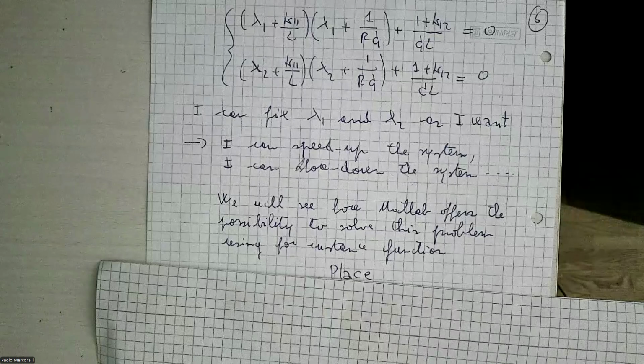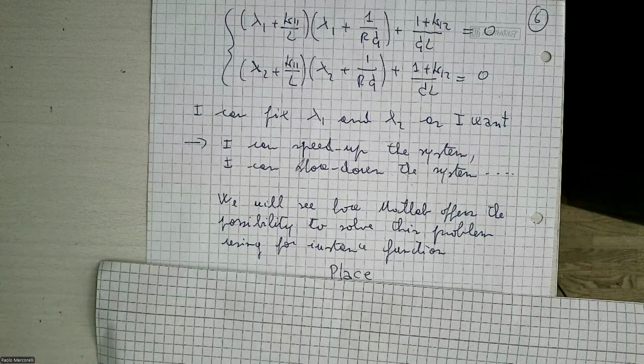Now, a couple of considerations here again. How can I choose lambda 1 and lambda 2? For instance, I don't know if you remember from math, if the eigenvalues are real, we don't have oscillations. This means I can put just real values.